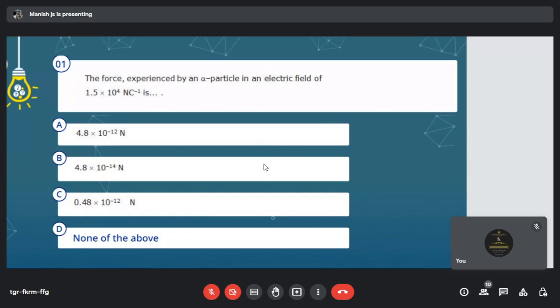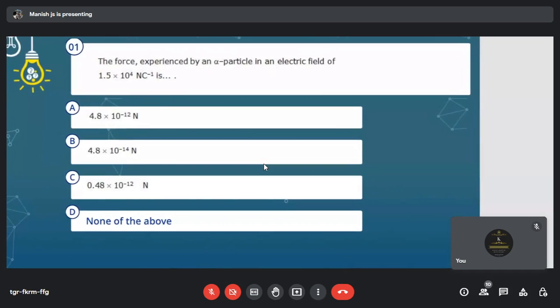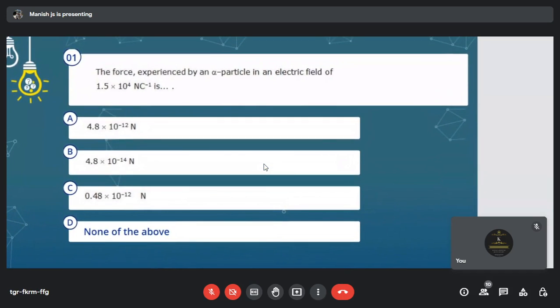The electric field is given and the force is asked. What is the formula for the electric field? You have to apply the formula. E is equal to F by Q. So F is equal to Q into E. Rearrange, substitute the values and then find out. What is an alpha particle?